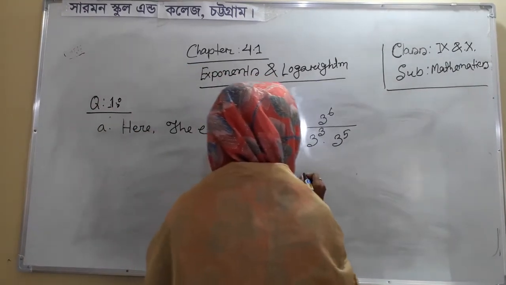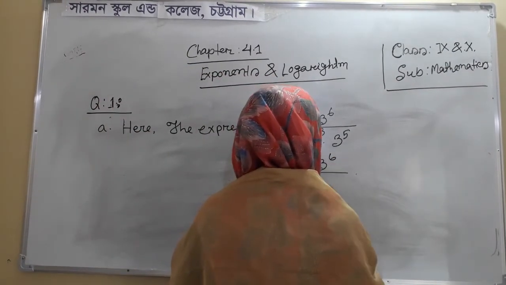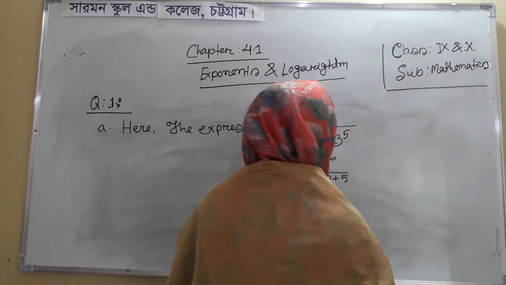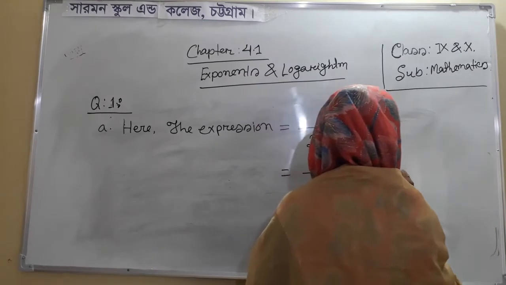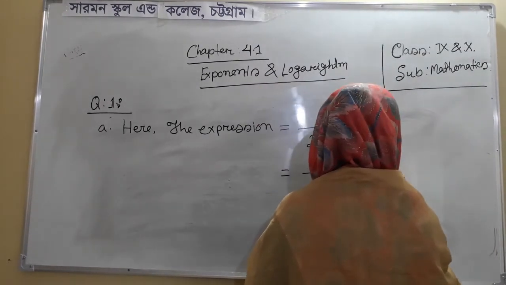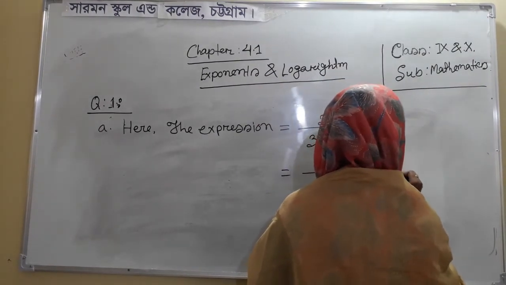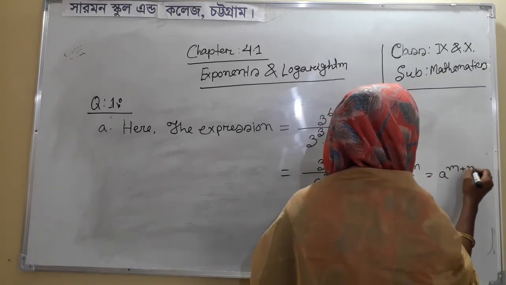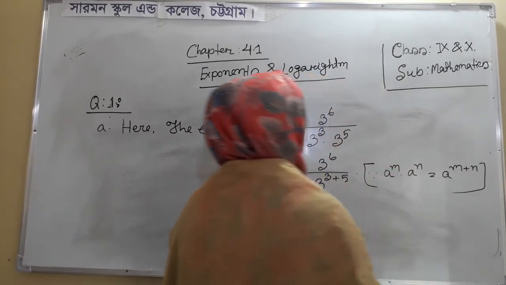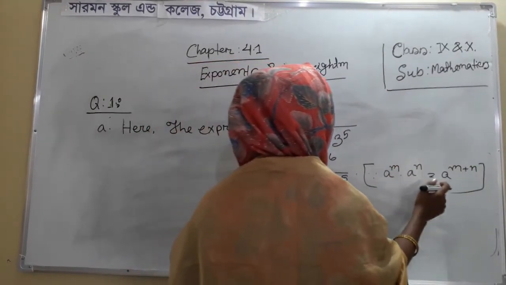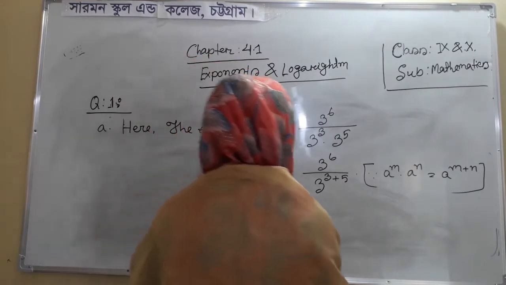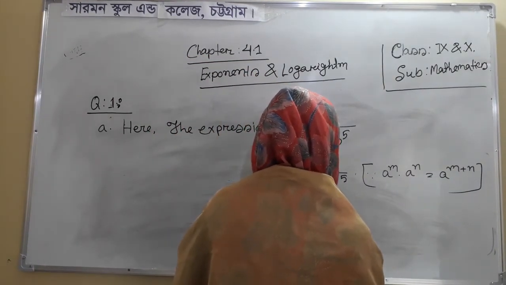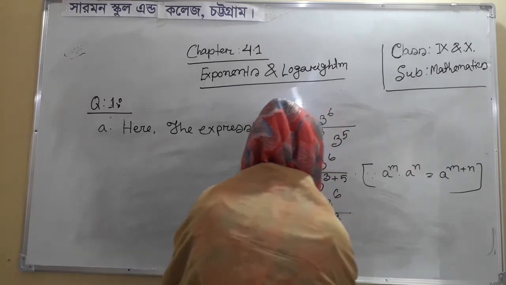Now 3 to the power 6 divided by 3 to the power 3 plus 5. Here we apply the formula a to the power m into a to the power n equals a to the power m plus n. Now 3 to the power 6 divided by 3 to the power 8.